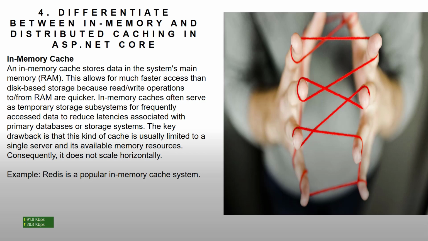Next is: differentiate between in-memory and distributed caching in ASP.NET Core. The same question, but elaborated in a different way. In-memory caching, as I said for response caching, is the caching we maintain in the RAM. This allows much faster access than disk-based storage because read and write operations to or from RAM are quicker.